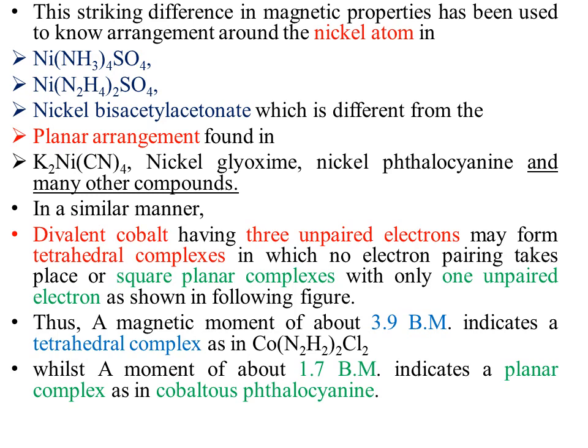Planar arrangement is found in potassium tetracyanonickelate, nickel glyoxime, nickel phthalocyanine, and many other compounds.